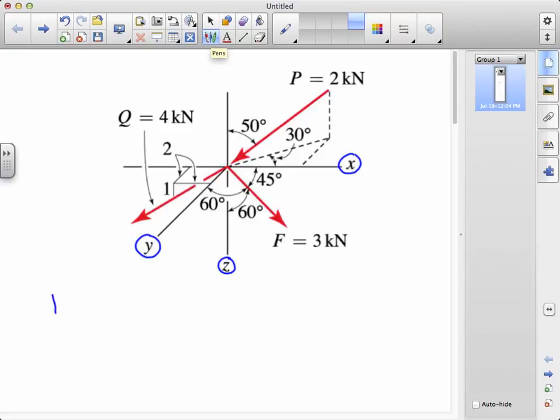If we first examine P, and we think about it as a decomposition in tail to head addition, we note that it's got a positive component in z, since z is down in this right-handed system. It's got a positive component in y, and it's got a negative component in x. So before we do anything else, we can say that for P, we have a negative x, a positive y, and a positive z component.